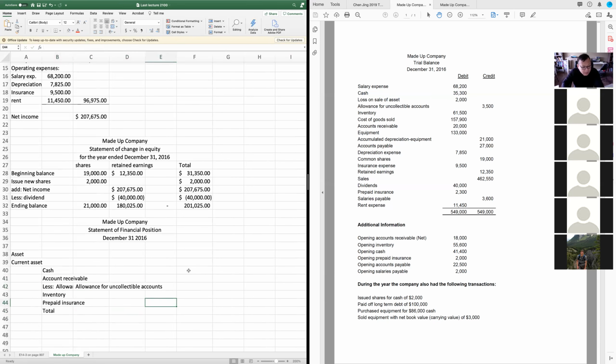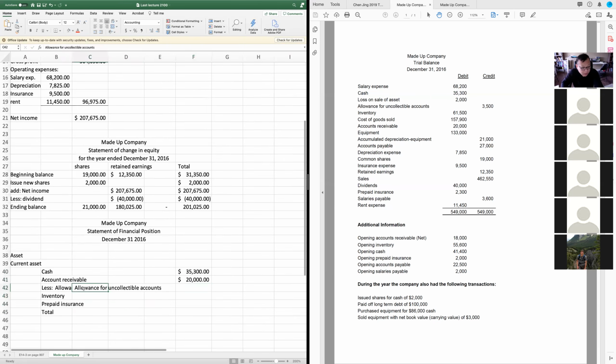Let's see, the cash is 35,300. AR, accounts receivable, 20,000. And then you remember here, you have this allowance for doubtful accounts, right? Here, allowance for uncollectible. So this one is negative 3,500.